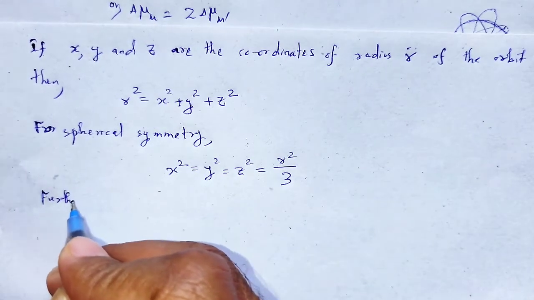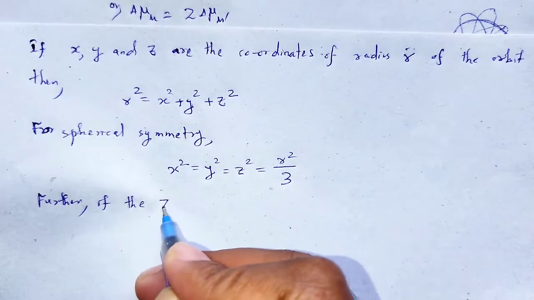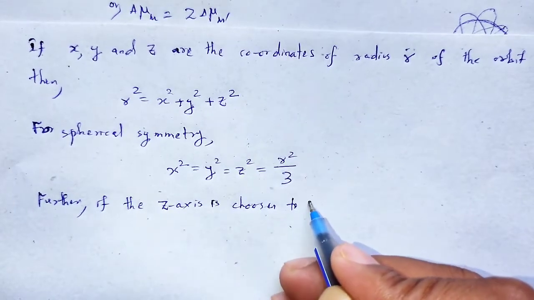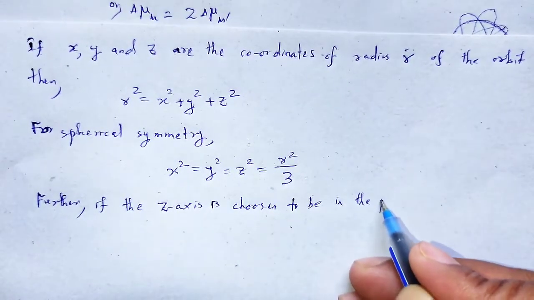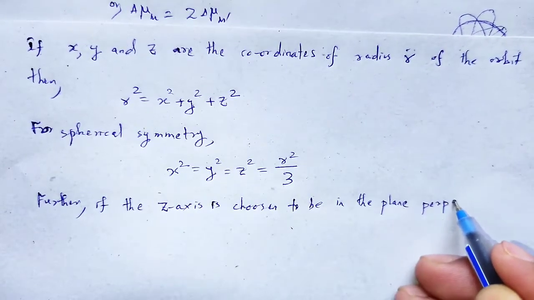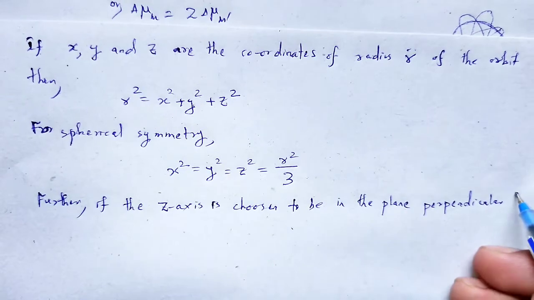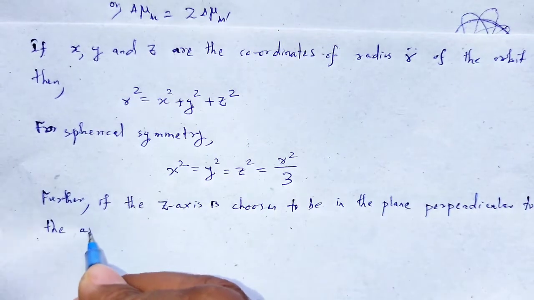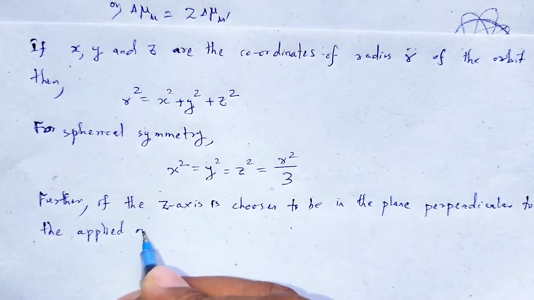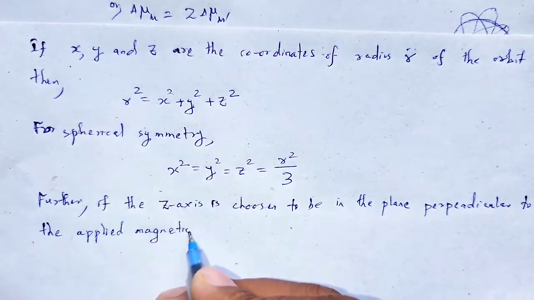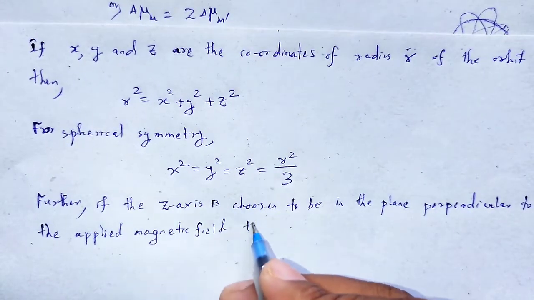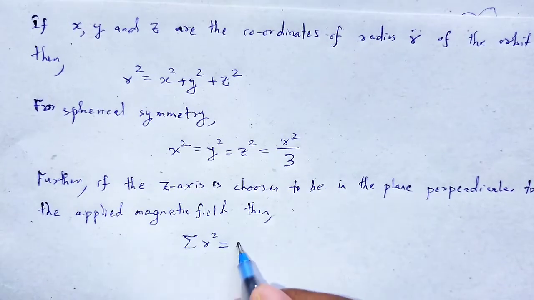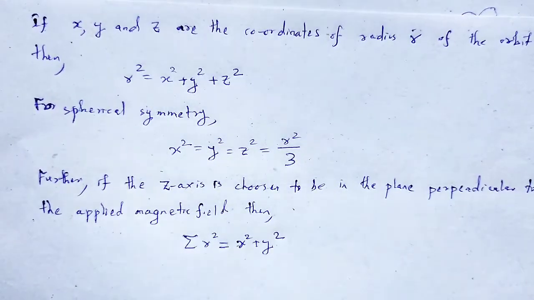Further, if the z axis is chosen to be in the plane perpendicular to the applied magnetic field, then summation over r square is x square plus y square.